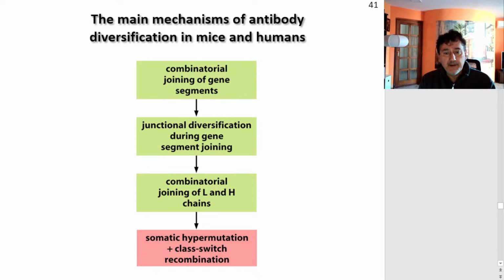Two other events occur only in those B cells which bind to an antigen, which are the somatic hypermutations, of which the point is to increase the specificity to the antigens, and also the class switching, which means that one of the immunoglobulin variants will produce IgE, IgD, etc. And this is because different kinds of antibodies, I didn't show the details here, but you can find them in the supplementary material, have different functions. They are even located at different sites of the body.